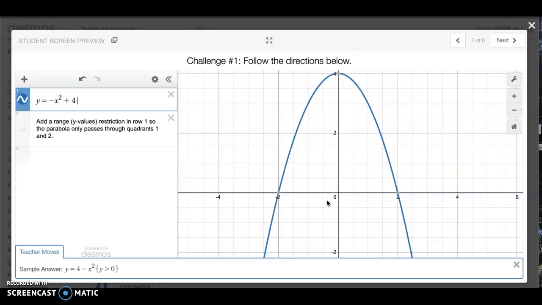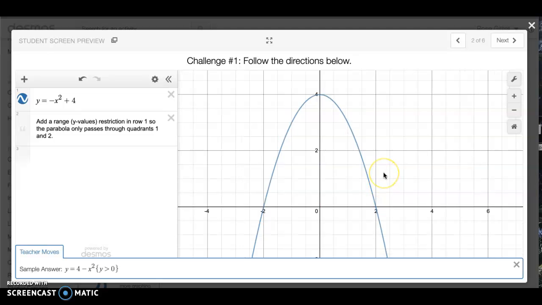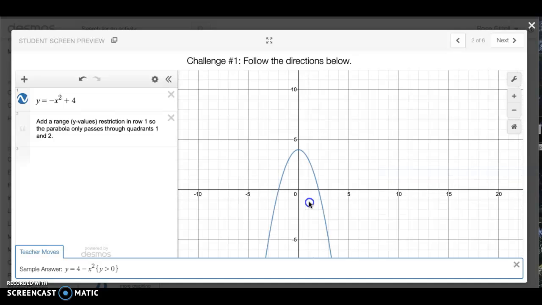I'm going to zoom in and think about, looking at the y-axis, what y values I want the function to show up for in order to just have quadrant 1 and quadrant 2. Essentially, I only want y values that are greater than 0. I want to get rid of all the parts of the function where y is less than 0.